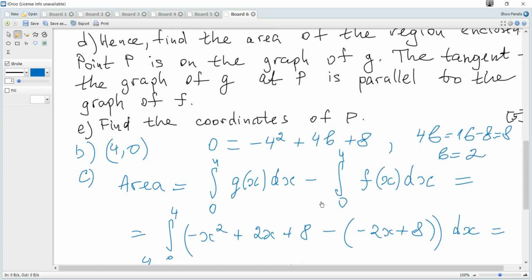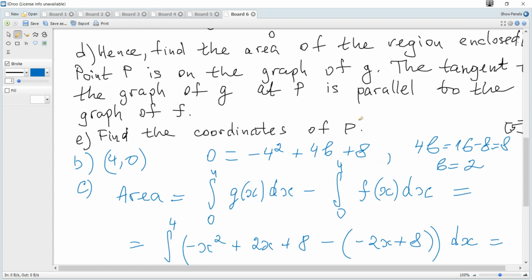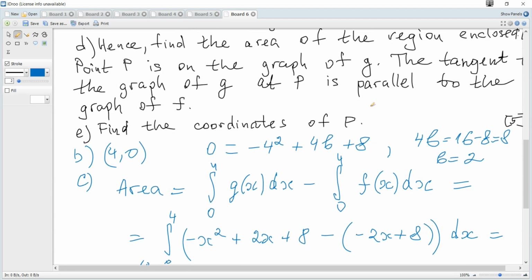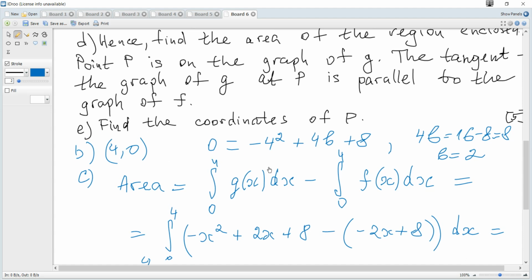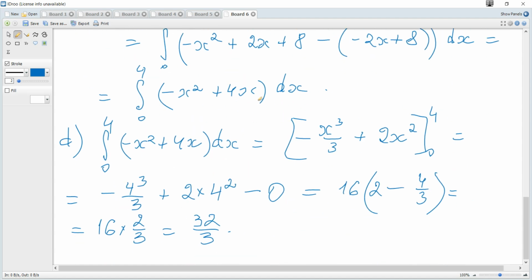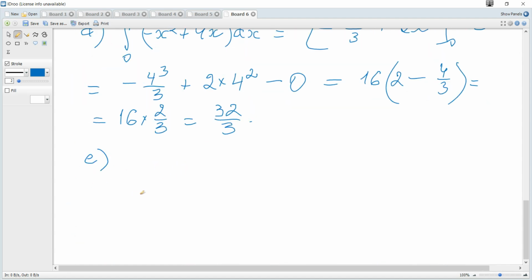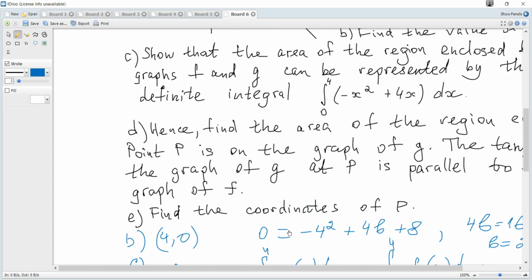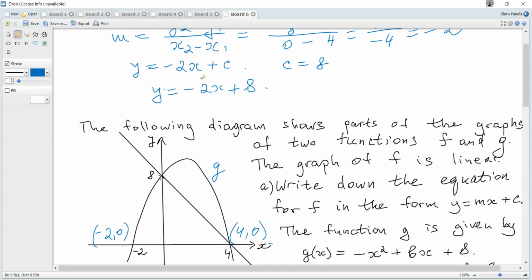And the next part: point P is on the graph of g. The tangent to the graph of g at P is parallel to the graph of f. Question E: find the coordinates of P. So a tangent, as any straight line, has equation mx plus c, but the gradient of a tangent is equal to the derivative at the point where this tangent is drawn, and we need this tangent to be parallel to line f, whose gradient is negative 2.